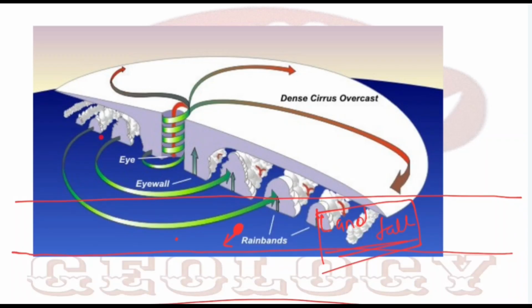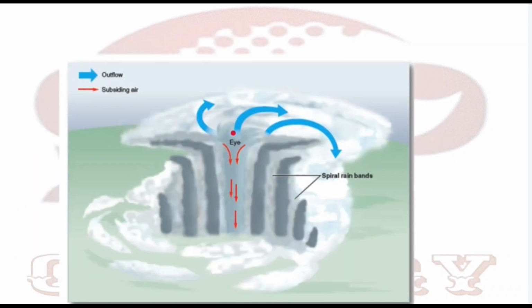This is the structure of a cyclone. The center of the cyclone is called the eye, where the wind speed is 0. There is no wind, it is a calm region. And this is called your eye wall. From the outside of the cyclone towards the wall, the intensity of the wind and rain increases. And the eye is very calm.